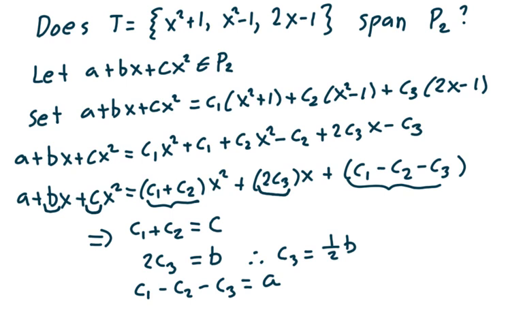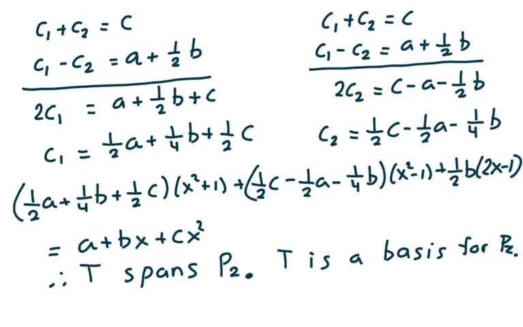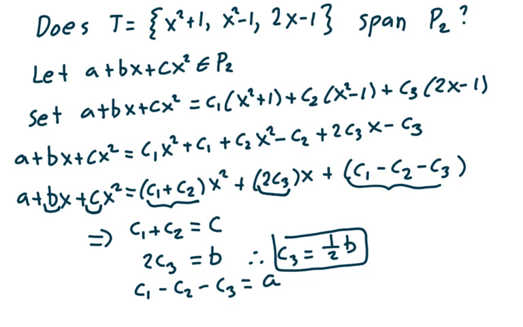If I solve for c3, I get c3 equals 1/2 b. Okay? Come over here. So we get c1 plus c2 equals c, and then c1 minus c2 equals a plus 1/2 b. So let's back up a step, right? Notice how I solved for c3 in terms of b.